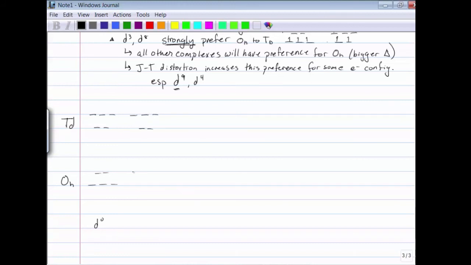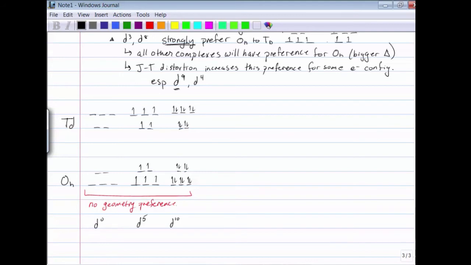For d5, again, these are half full, so there's no ligand field stabilization energy. And for d10, you're completely full now, so you have no ligand field stabilization energy. If you went through the calculation for d5 or d10, you should find that you get 0 ligand field stabilization energy.